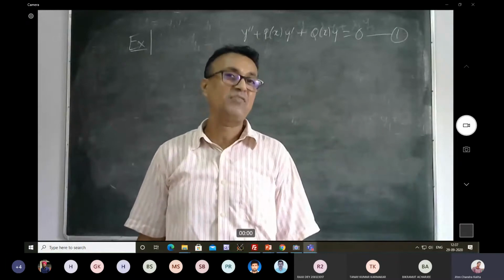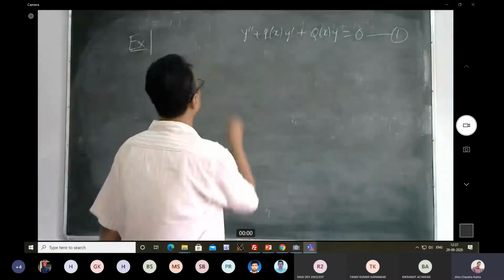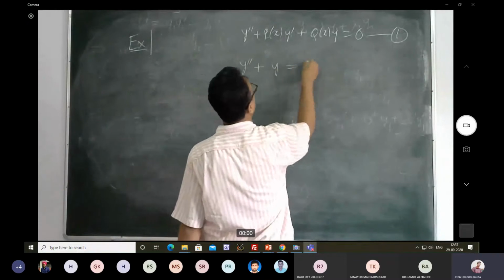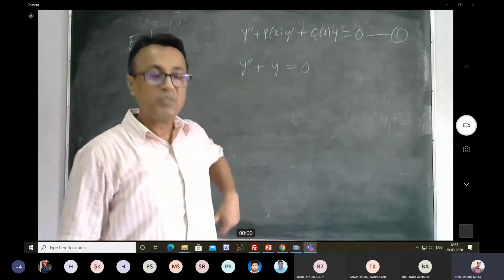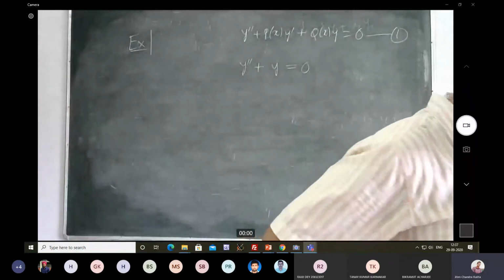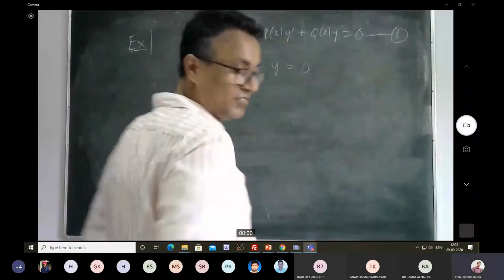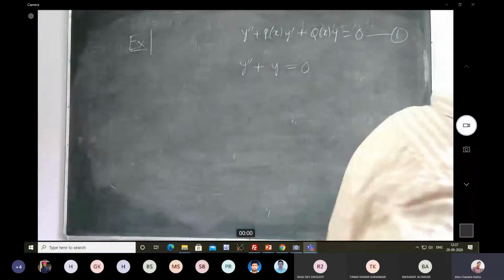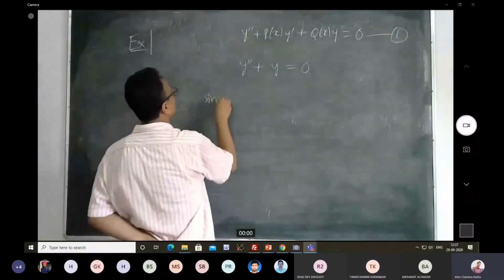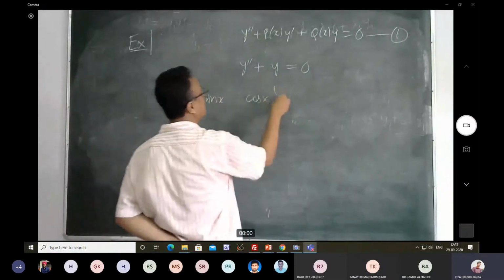So that means the fundamental set of solutions is not unique. For example, you tell me what is the fundamental set here? Yes, it's pretty straightforward. Sin x and cos x. So this is the fundamental set.